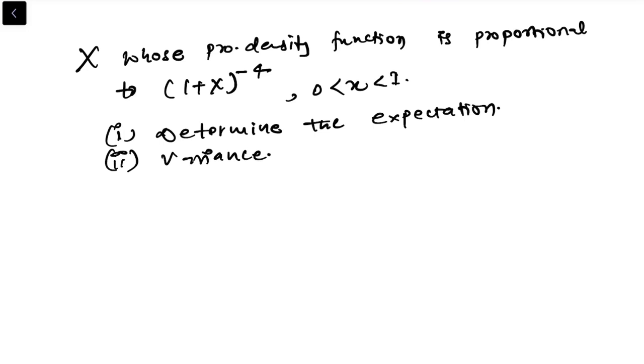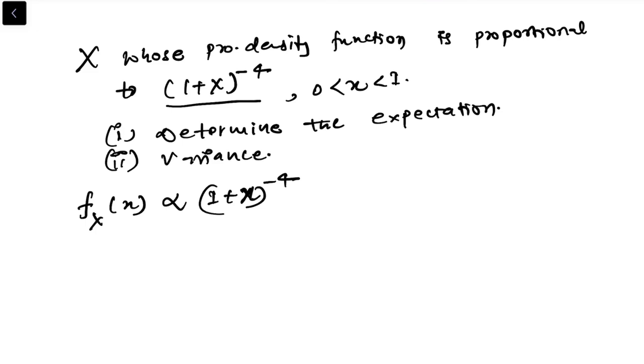So what is expectation? Expectation is basically the integration of x times the PDF, right? But in this question you are given that the probability density function is proportional to this function. And when you remove the proportionality, you need to put a constant.